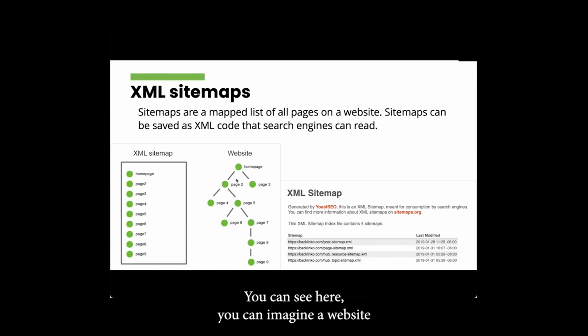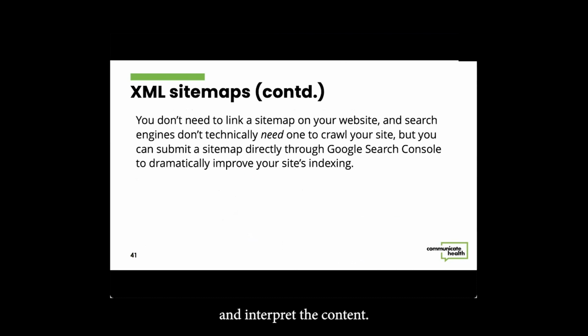You can imagine a website with different hierarchy and several pages, and pulling an XML sitemap is essentially just a flat list of those links. Here's an example. You can see a list of these different links with the last date modified. And search engines can use this information to crawl your site and interpret the content.